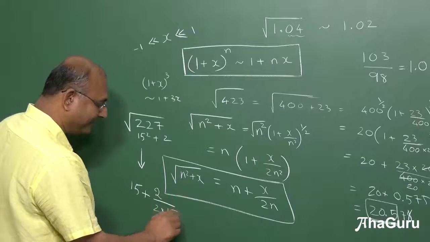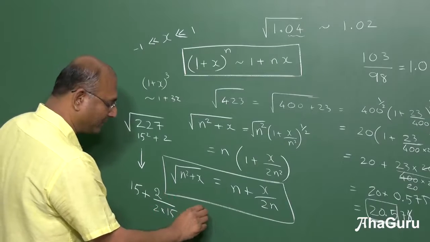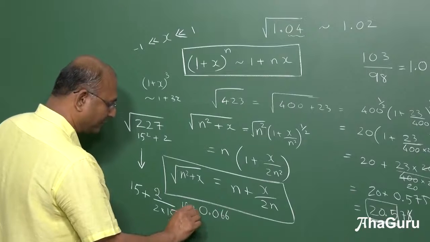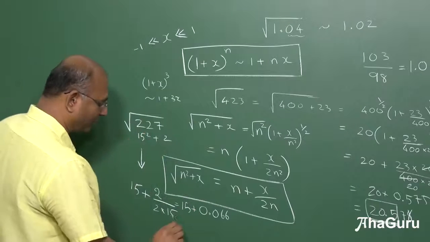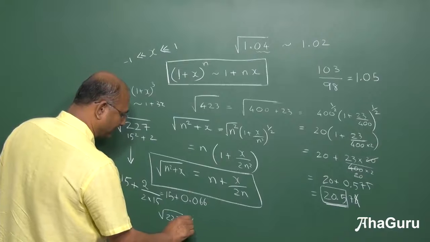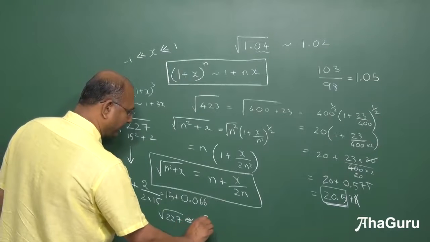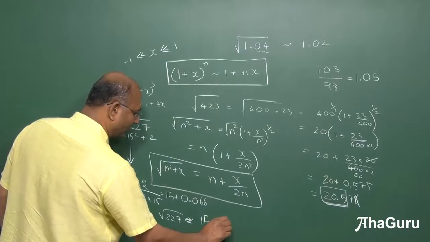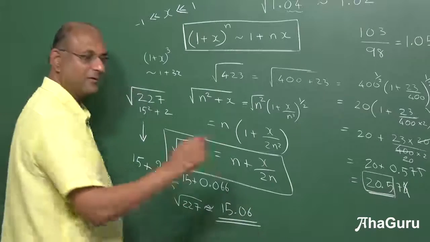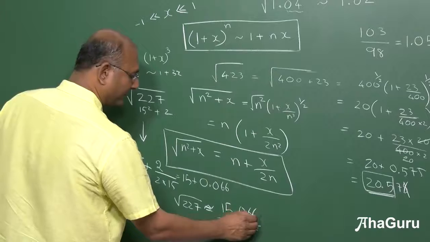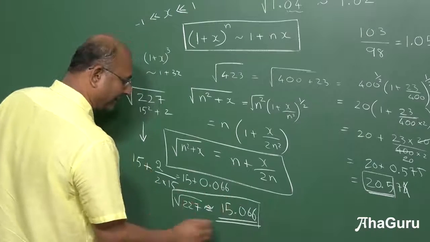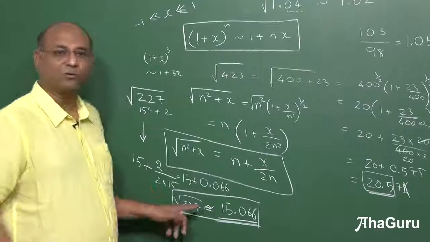So this is 2 by 30. 2 by 3 is 0.6, so 0.066 plus 15. So therefore, the answer for root of 227 is approximately 15.06. Okay, or 15.066 if you want, or we can say 15.07. So you get a very good accurate answer for root of 227.